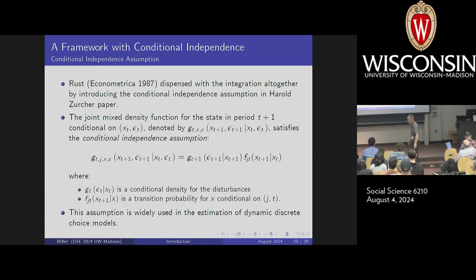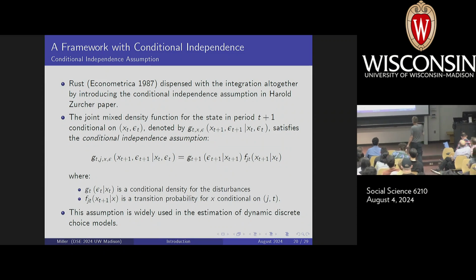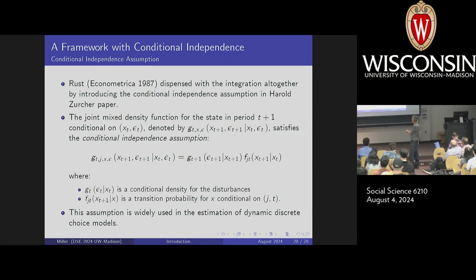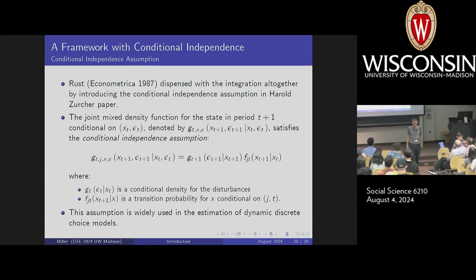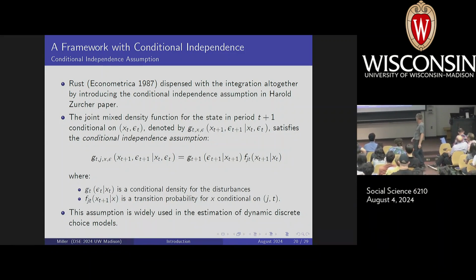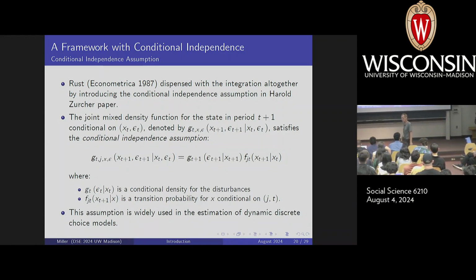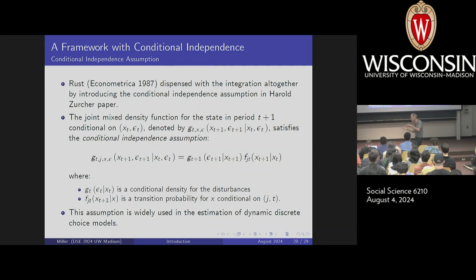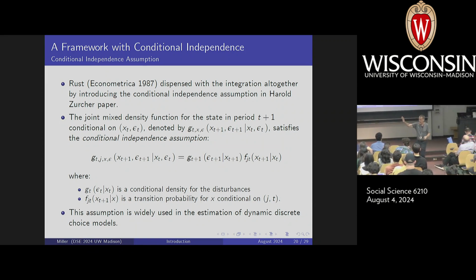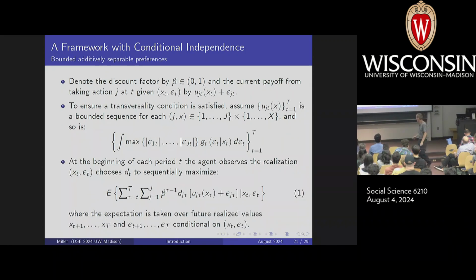They're only affected by the current x. So we're splitting things like that. All right? And so this assumption is widely used in the estimation of dynamic discrete choice models. If you don't use something like that, you're going to be back into the integration question. I'm not making a decision, not giving you advice about which way to go. But those are the kind of considerations you face.